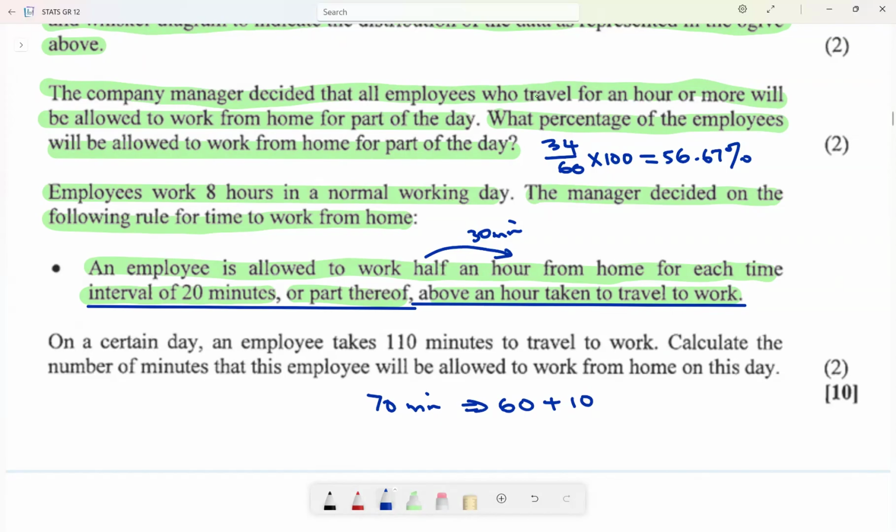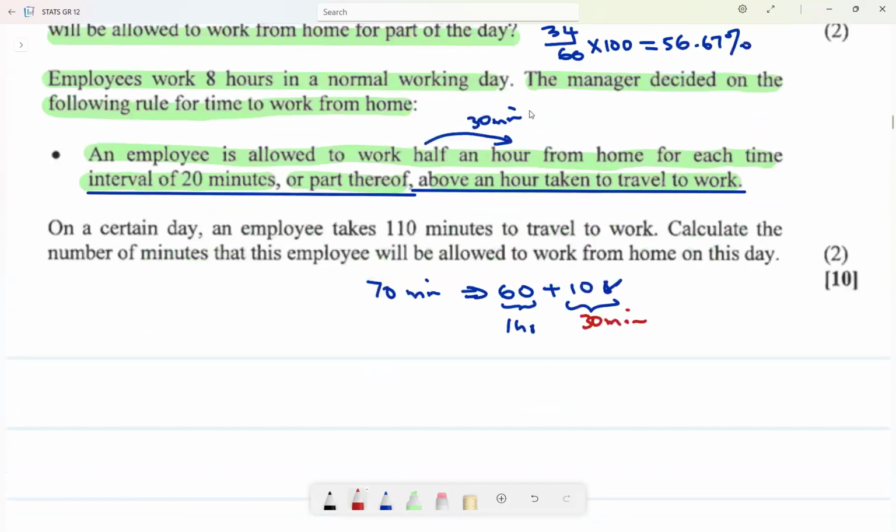So an employee is allowed to work half an hour from home for each interval of 20 minutes or part thereof above an hour to travel to work. So if you travel above an hour, this is 1 hour, and for this extra time that you have to travel, you are granted 30 minutes to work from home. Irrespective of whether the extra time is 20 minutes or not, because they say for each time interval of 20 minutes or part thereof above an hour taken to travel to work.